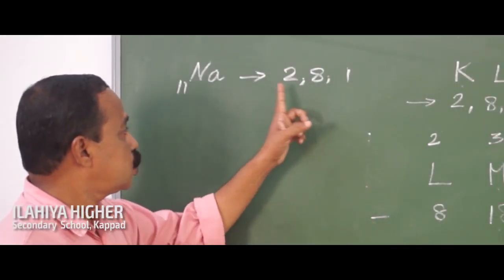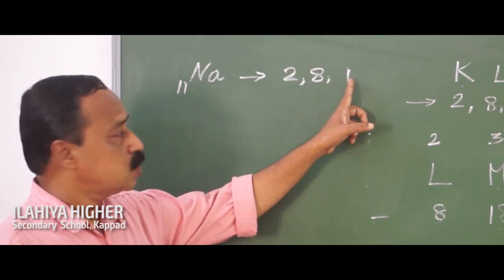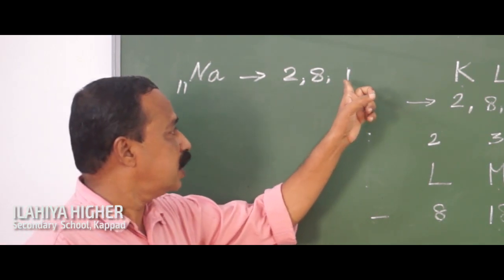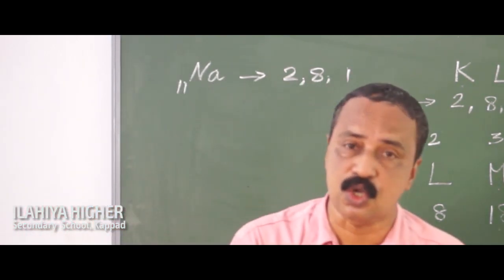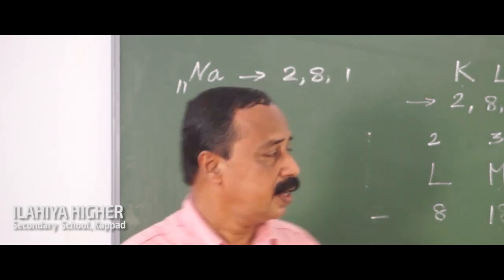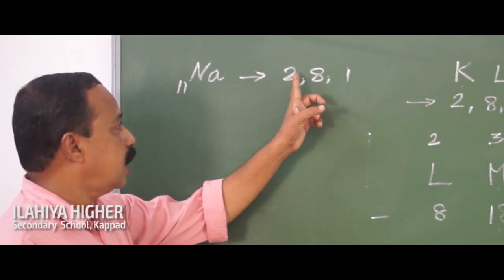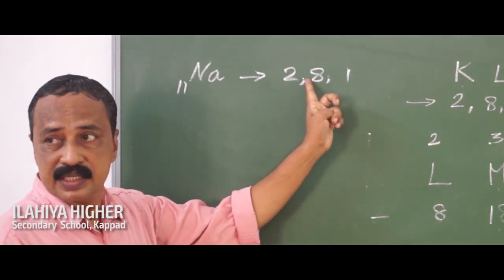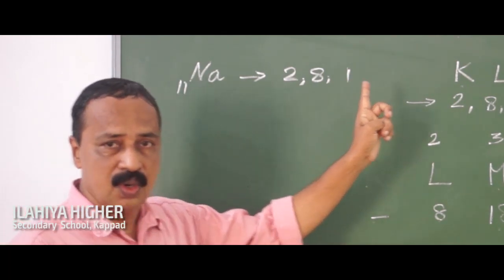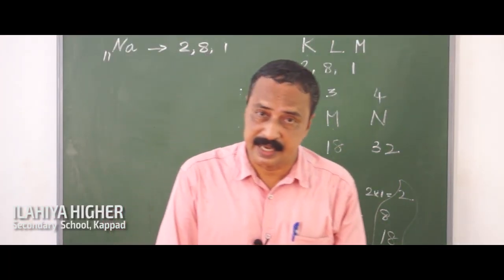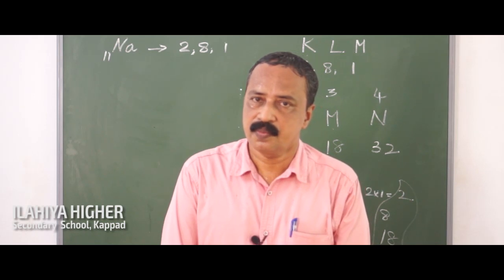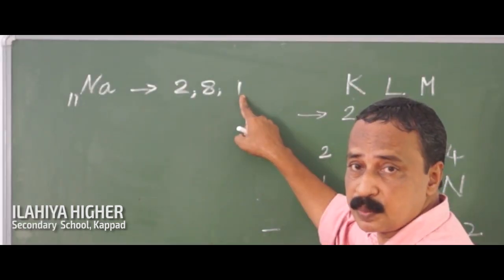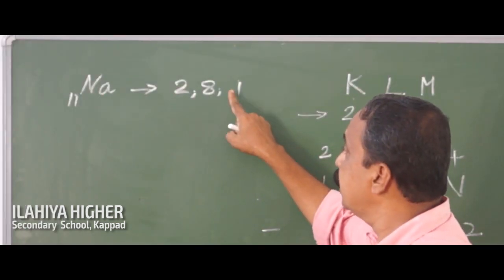Observe 2, 8, 1. The outermost orbit contains 1 electron, so this element belongs to the first group. Next, count the number of shells: K, L, M, 3 shells are there. So the element belongs to the third period. So sodium belongs to the first group of the periodic table and the third period.